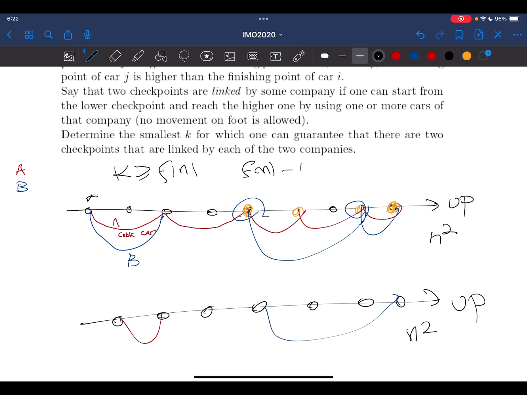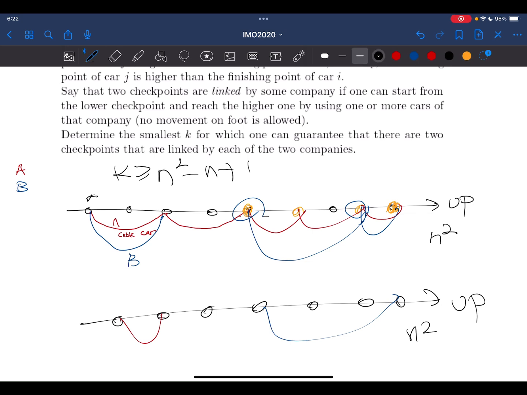That means this condition is satisfied, guaranteed, and then the problem is solved, right? So in this problem, the claim is that K is at least n squared minus n plus 1. And so next I'm going to try to prove it.